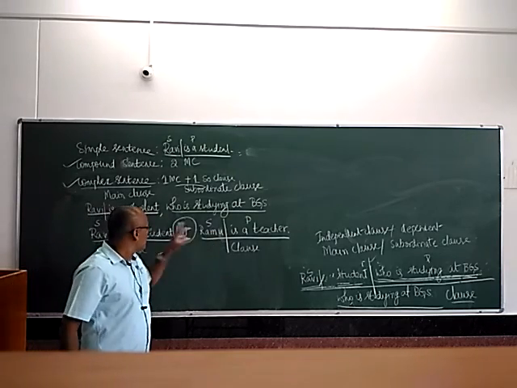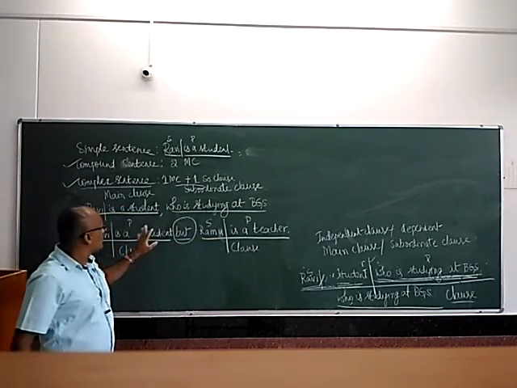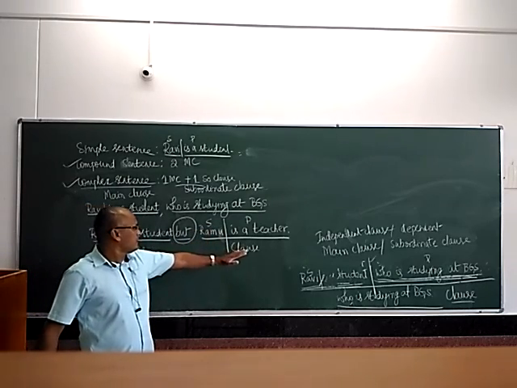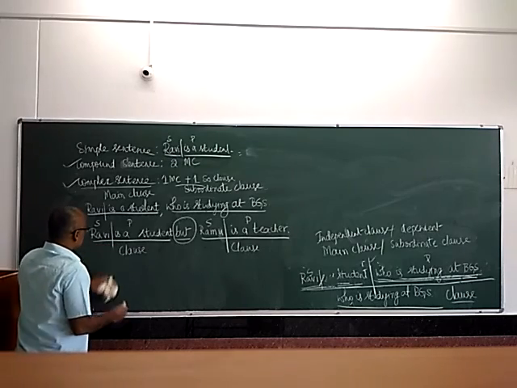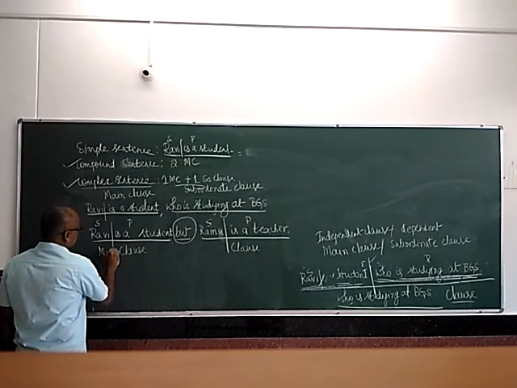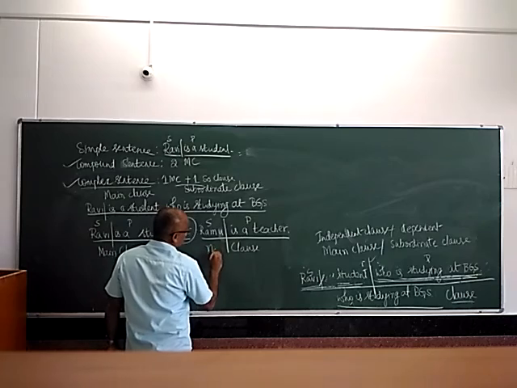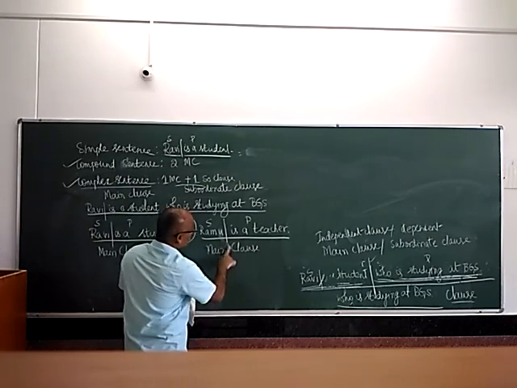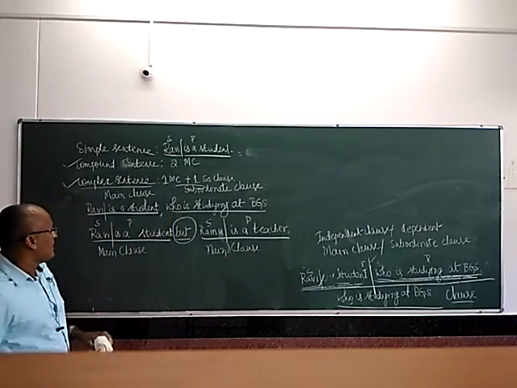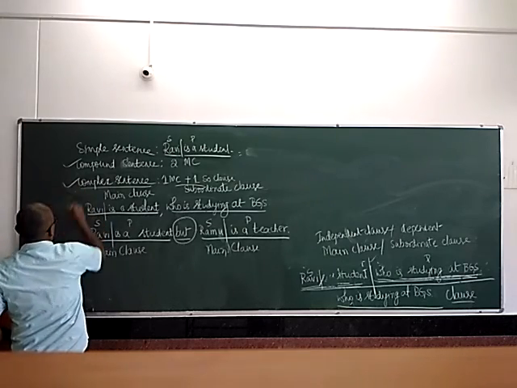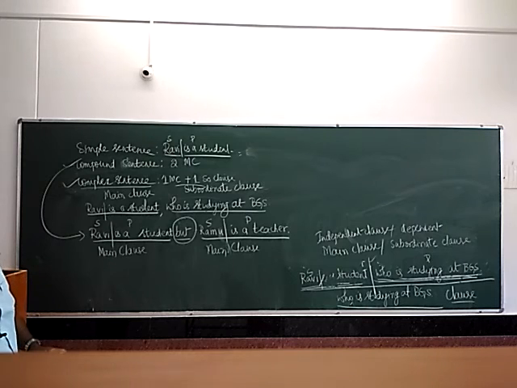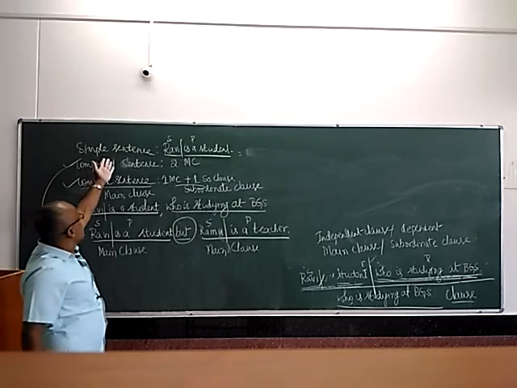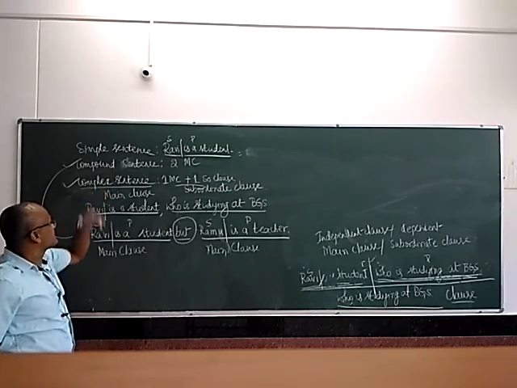But here both are independent, because neither depends on the other to give its meaning. They are independent clauses. Both are called main clause or independent clause. Such types of sentences will be called compound sentences. Structurally, there are three different types of sentence: simple sentence, compound sentence, complex sentence.